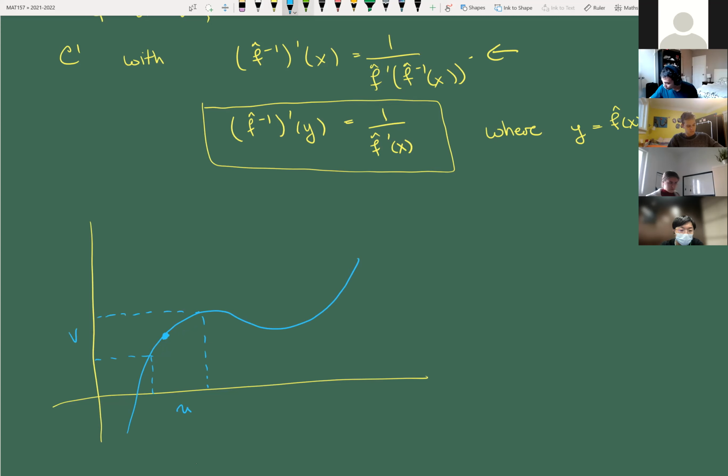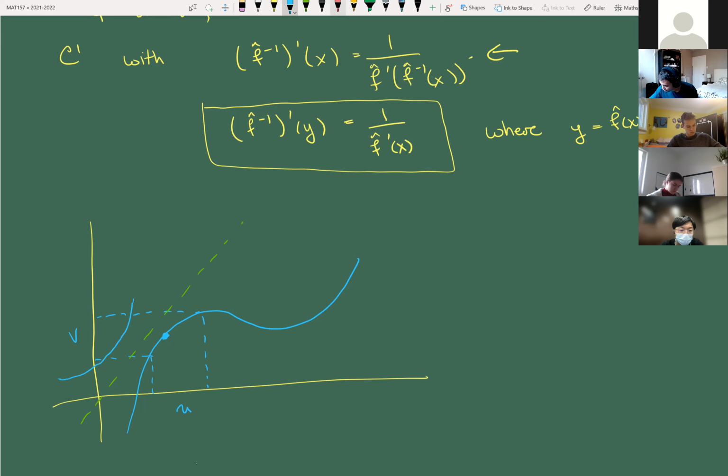V, and then when you reflect about the line y equals x, what is that going to look like? It's going to look something like this.